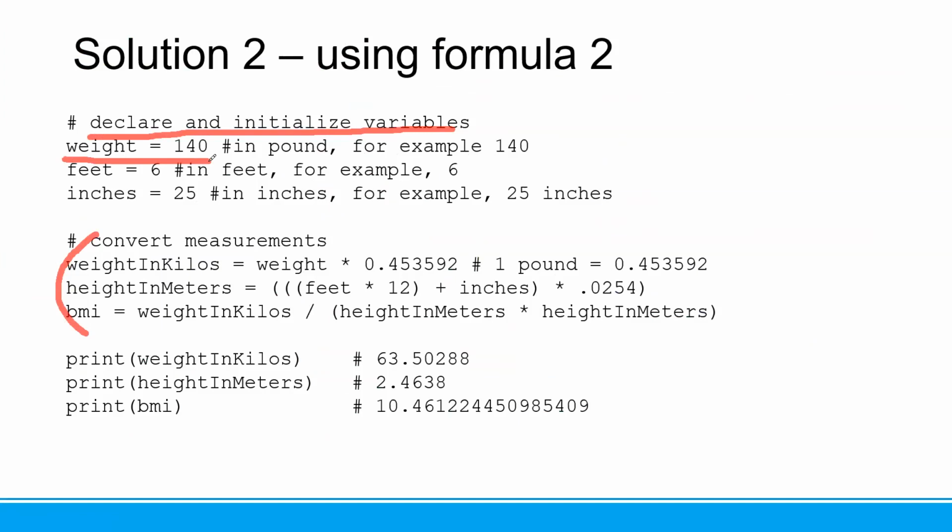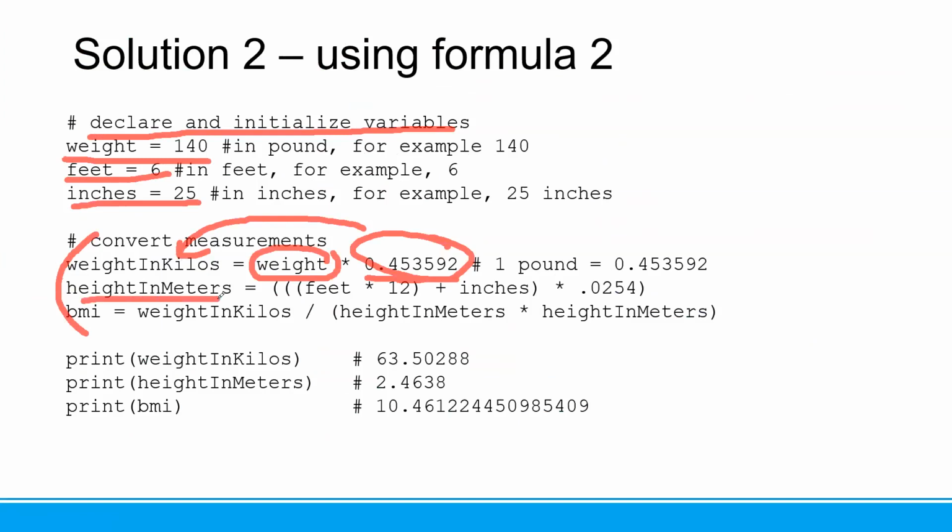Let's assume that the weight is 140. And then we have the feet equals to 6 and the inches equals to 25. Okay. And then we will convert it. How can we convert it? 1 pound equals to 0.453592 kilogram. So we can just multiply the weight with this value. It will give you the weight in kilogram.